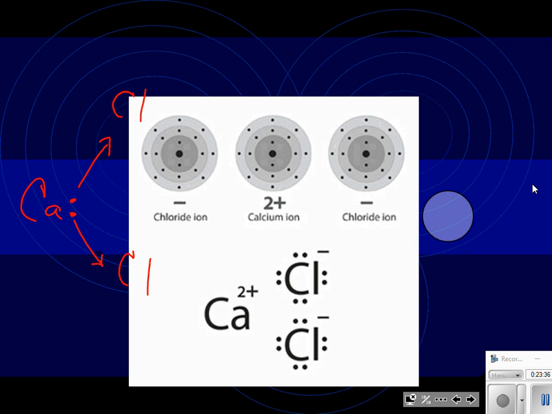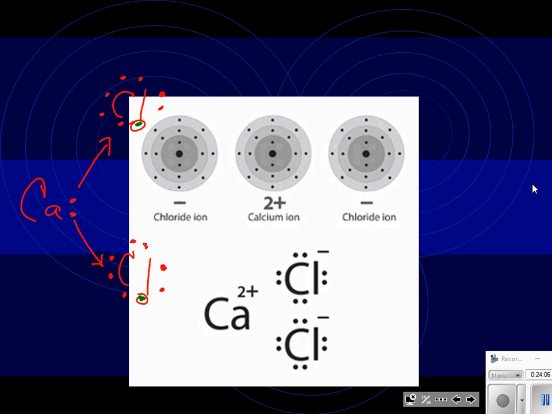So when we deal with these chlorines, they each want 1, right? They each want 1. Well, wouldn't it be real nice for this calcium to come up and say, all right, chlorine, I'll give you my 2.